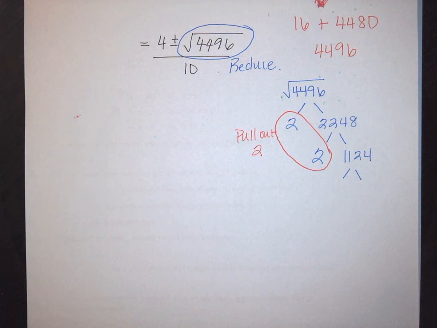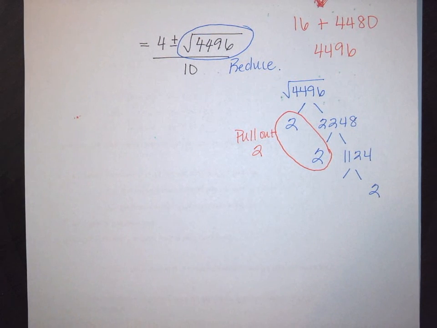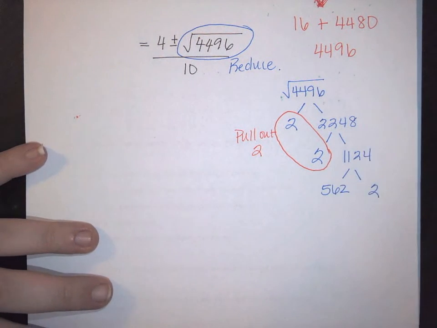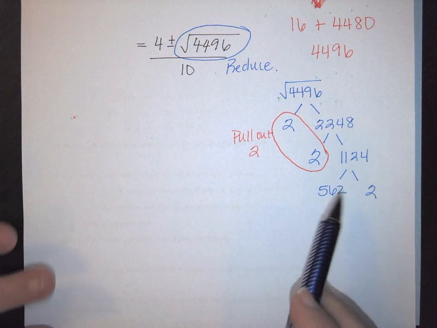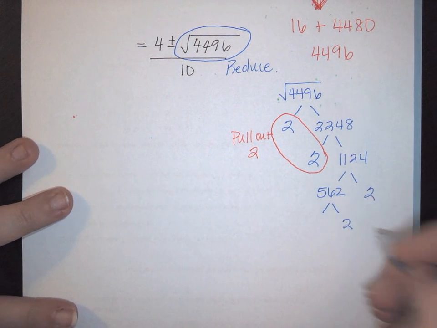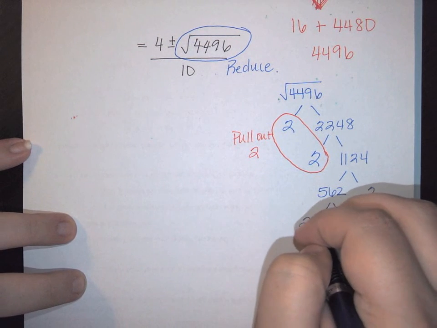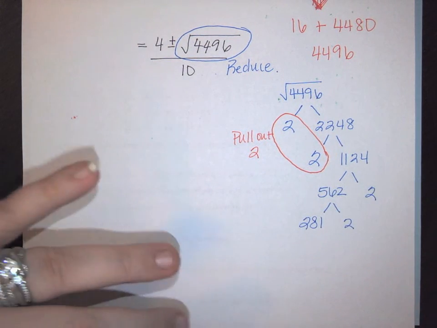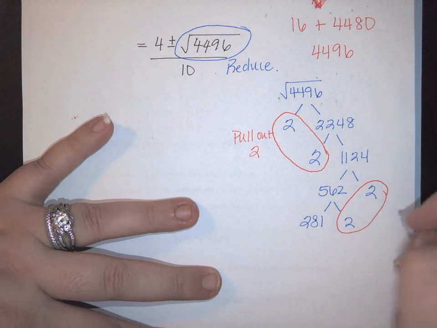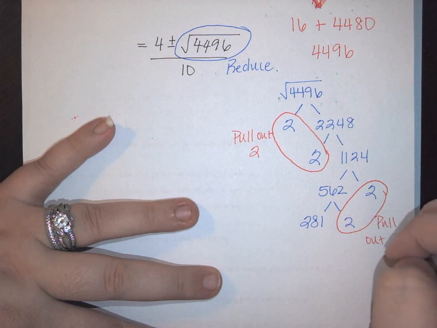I know for a fact that I can pull a 2 out, and I'm left with 562. Since this is still even, I can pull out another 2, and I'm left with 281. Looking again carefully, I have another group of 2 here, which means I can pull out the 2 again.